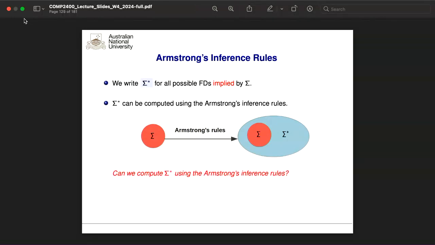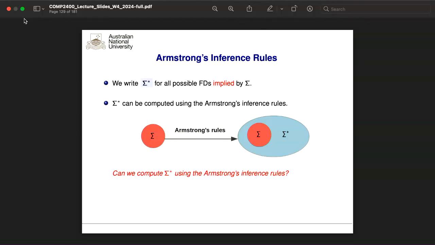So the question is, okay, sounds great, because those rules are so simple. Can we just use those rules to compute, to find all implied functional dependencies?